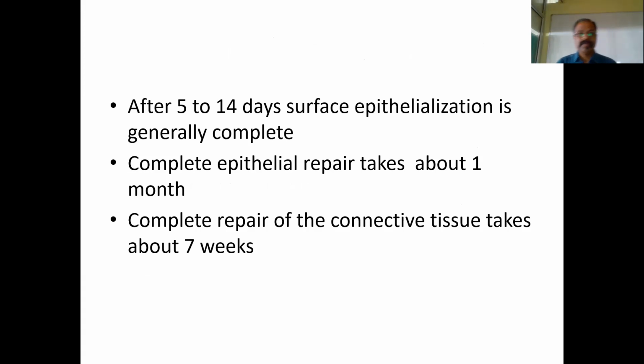After 5 to 14 days, surface epithelialization is generally complete, and it takes roughly 1 month for complete epithelial repair to take place. As a whole procedure, complete epithelialization as well as complete repair of the connective tissue takes roughly 7 weeks, right?